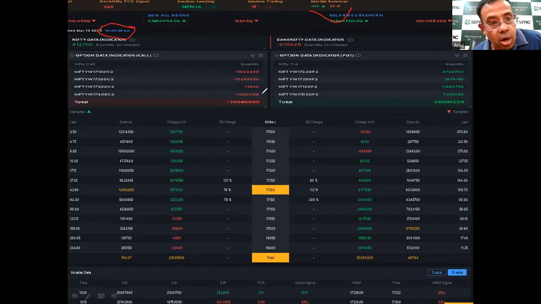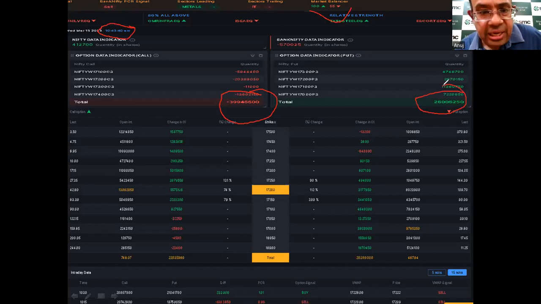was that the option data indicator was suggesting that money is being thrown out of the call option and money has been put into the put option. You can clearly see that there is a huge negative figure of 3 crores 99 lakhs 46,600.